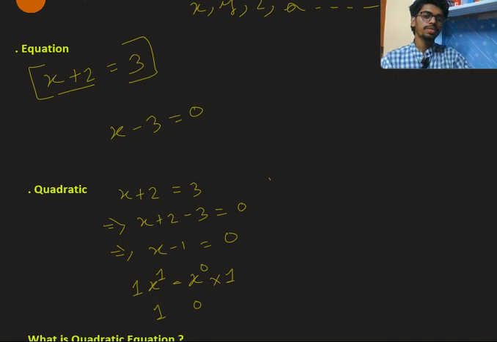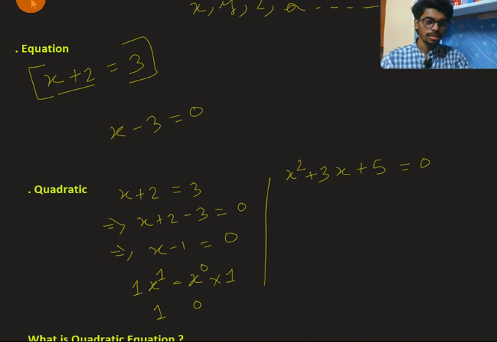Now let me give another example. x square plus 3x plus 5 equal to 0. Now what is the power of x here? Clearly it is 2. And what is the power of x here? Clearly it is 1, and 3 is its coefficient.